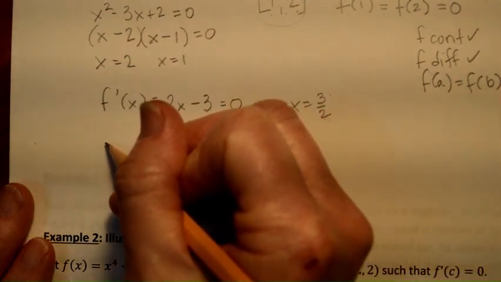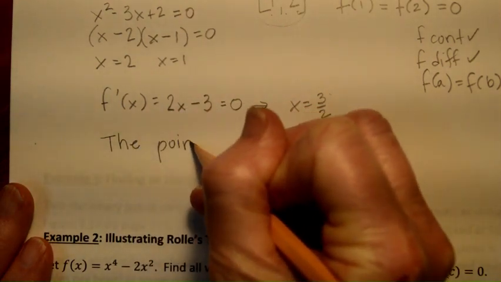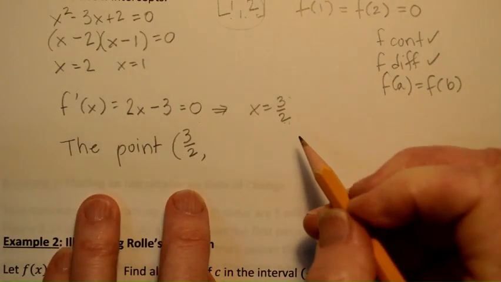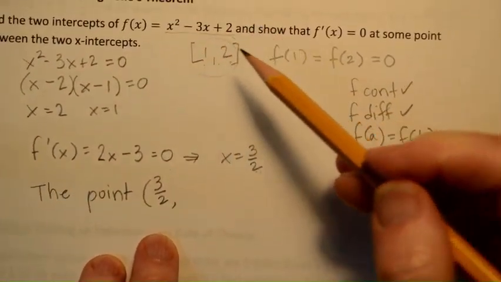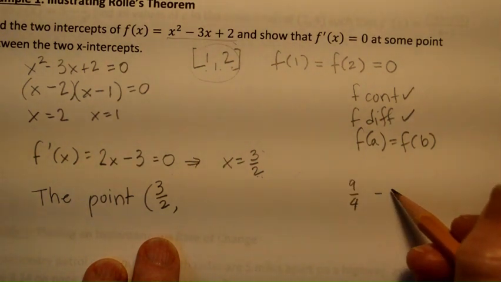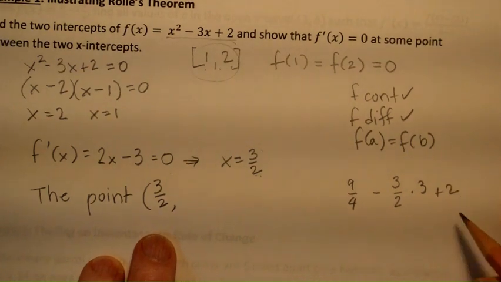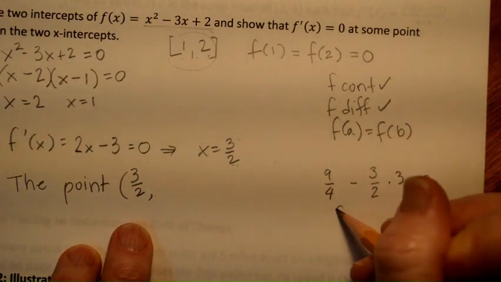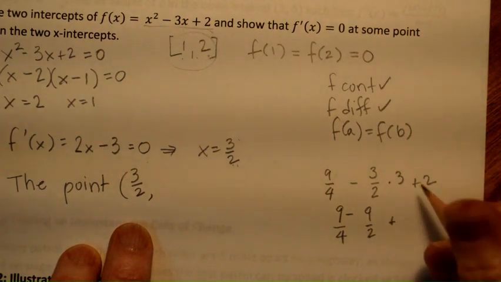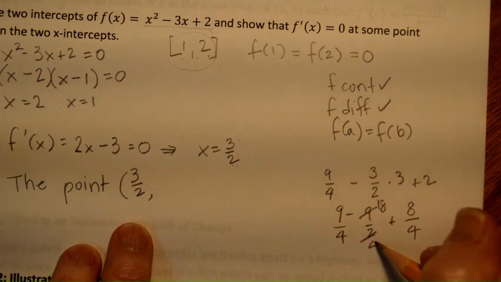So there is some point, the point 3/2, comma, let's find out what the y value is for that. 3/2 squared is 9/4 minus 3/2 times 3 plus 2. So 9/4 minus 9/2 plus, I'm going to change this to 8/4, and then we'll change this to 18/4.